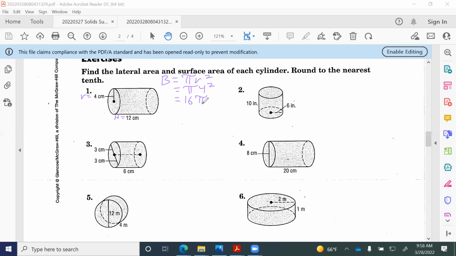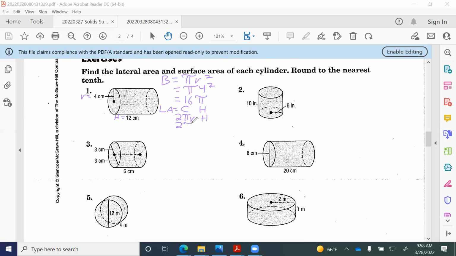We need our lateral area. Our lateral area is found by doing the circumference times the height. Or again, you can switch out circumference for 2 pi r. So if we're plugging in, we already have the radius is 4.